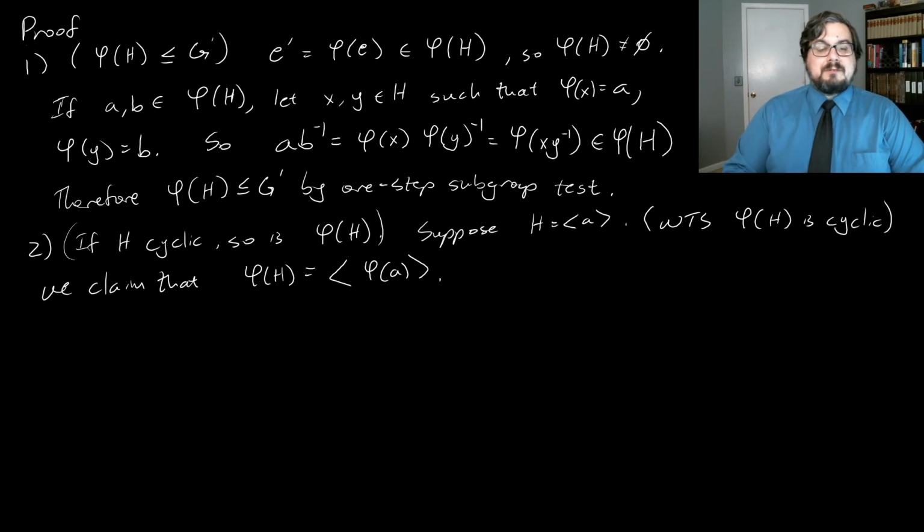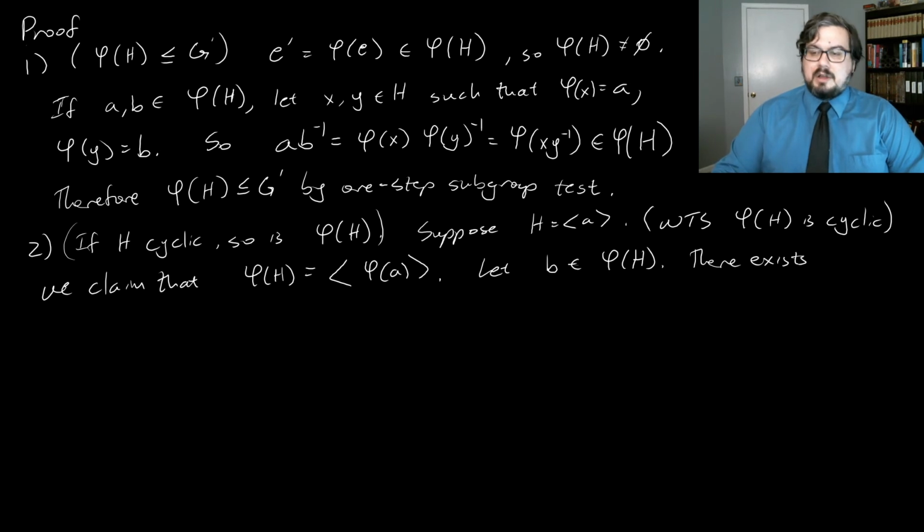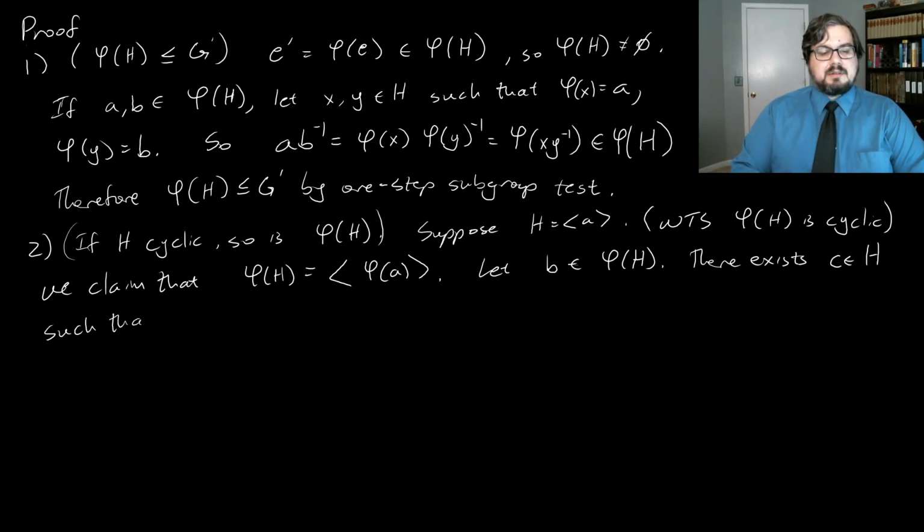So to show that phi of H is the cyclic subgroup generated by phi of A, we need to show that anything in phi of H can be written as some power of phi of A. So we could let B be in phi of H. That means that there exists some C in H such that phi of C equals B.